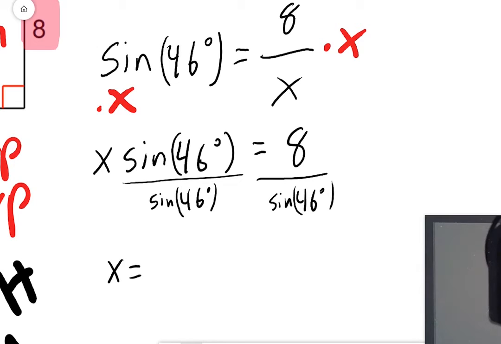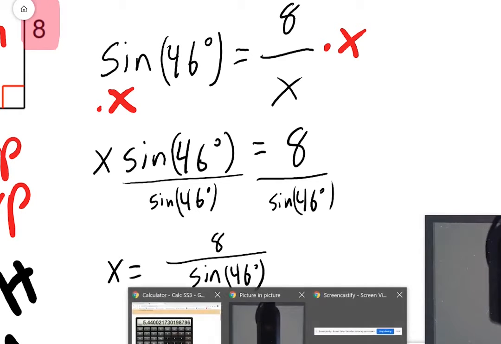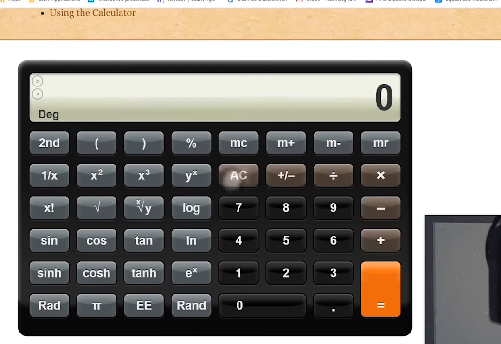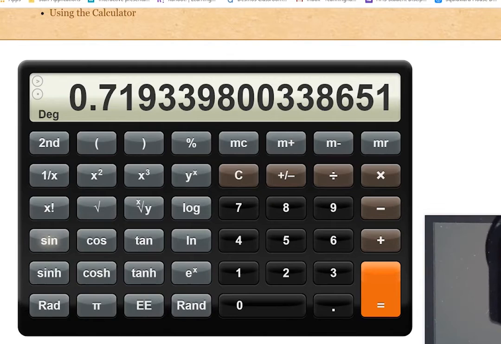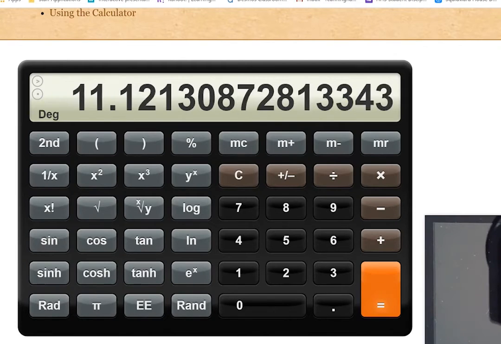We get x equals 8 over sine 46 degrees. Let's go back to the iPhone calculator. 8 over sine 46 degrees. So we would say 8 divided by 46, then we hit sine, then we hit equals.